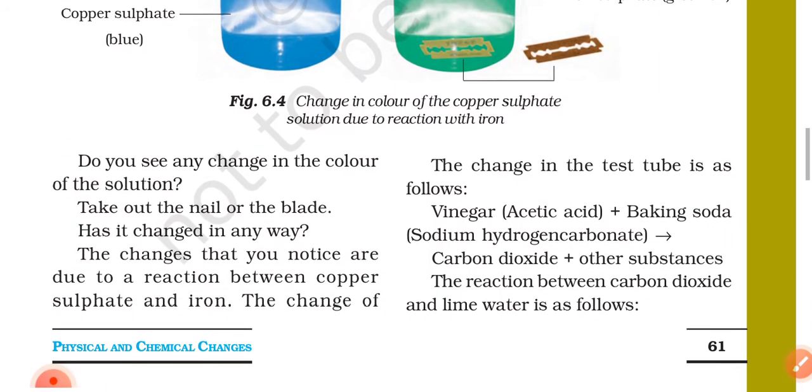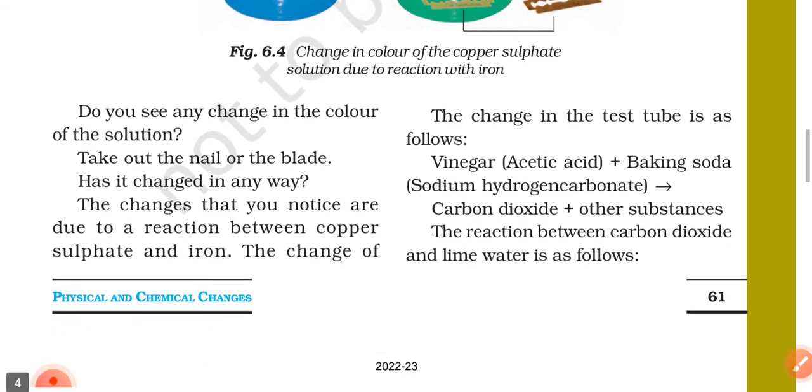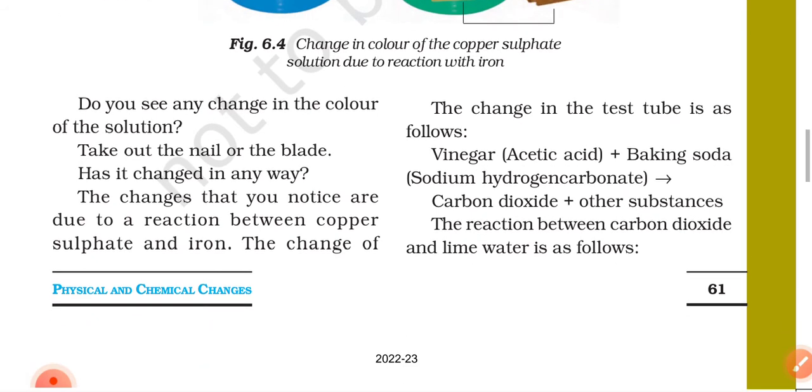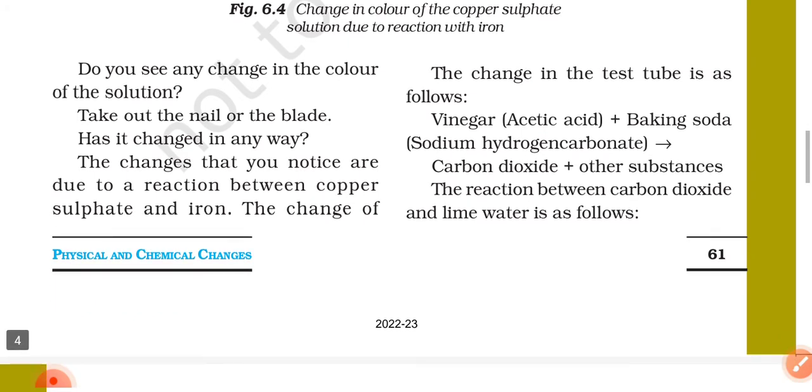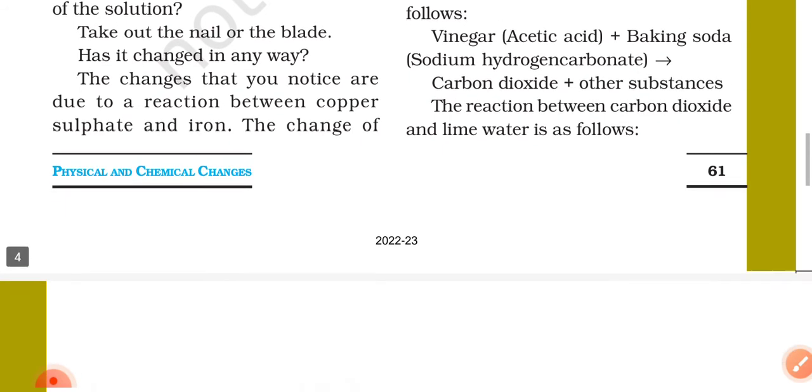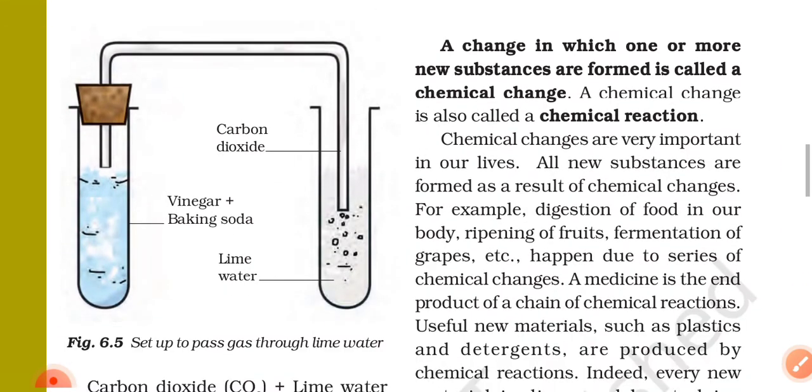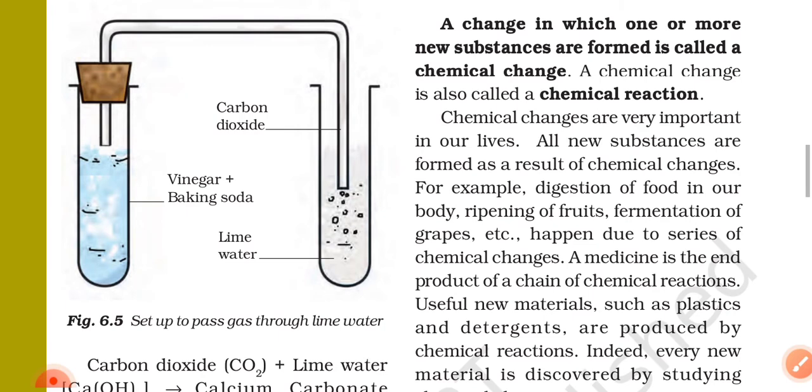The change in the test tube is as follows: vinegar, acetic acid, plus baking soda, sodium hydrogen carbonate, becomes carbon dioxide plus other substances. The reaction between carbon dioxide and lime water is as follows. This is the figure 6.5 set up to pass gas through lime water.